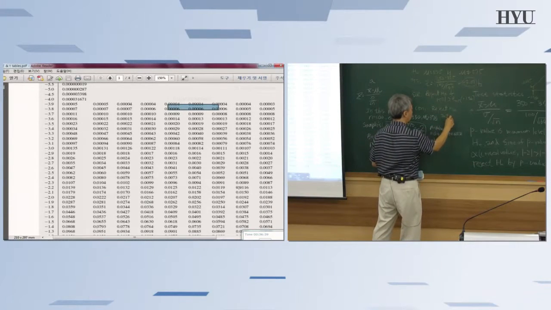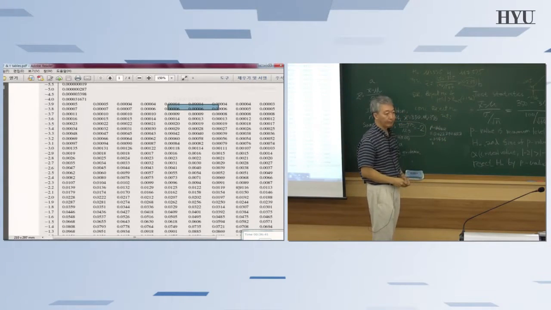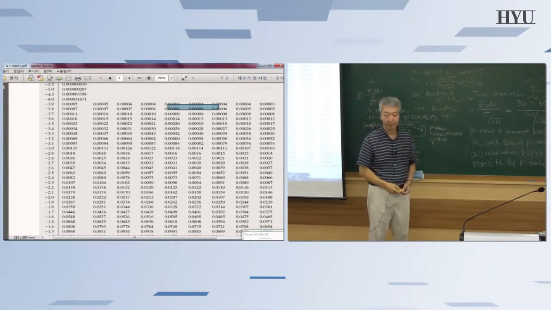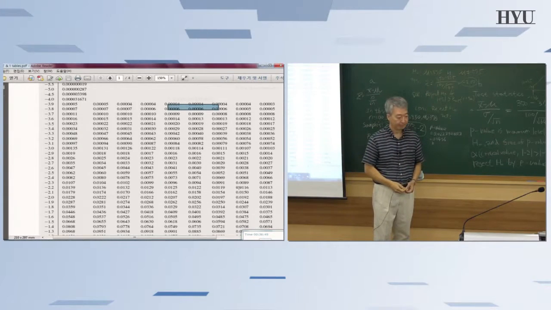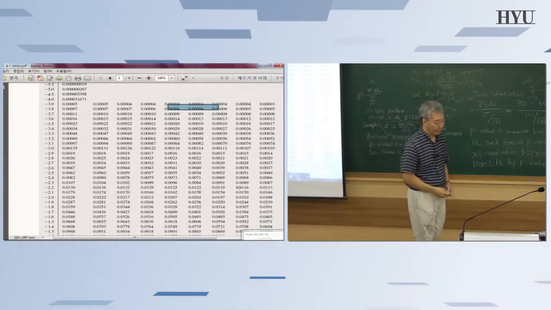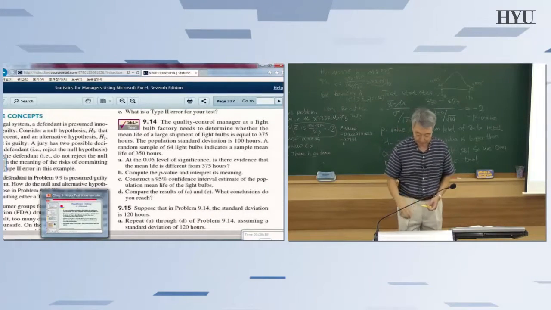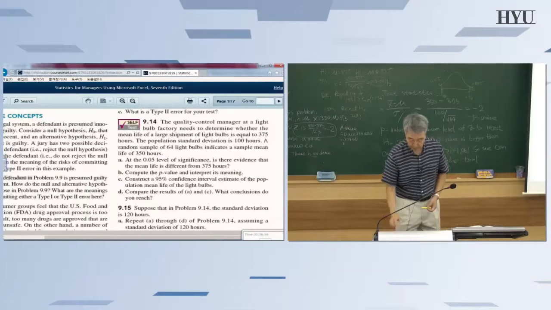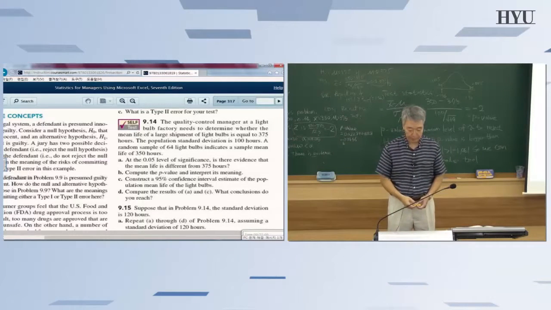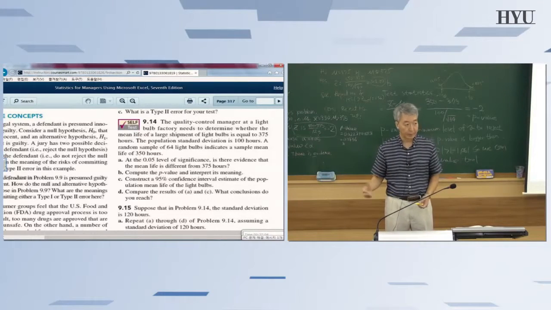And then the interpretation is what? What does that mean? Based on the context of this problem, the question asks, is there evidence that the mean life is different from 375?